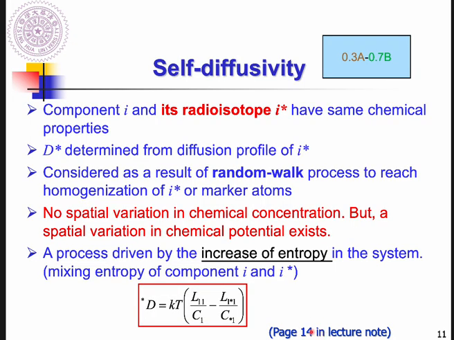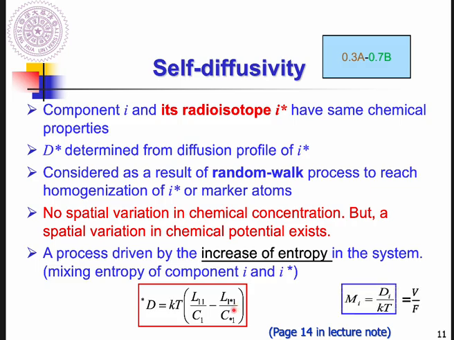Please have a look at it. But at this moment, I hope you can accept these results, which just tell you that if you have material A and radioisotope A star, the self-diffusivity for material A can be expressed as kT times this minus this.